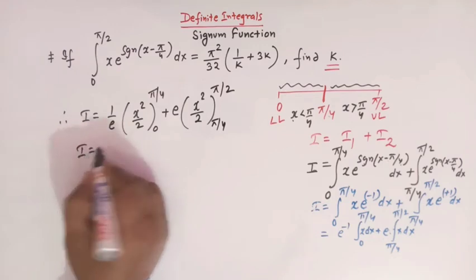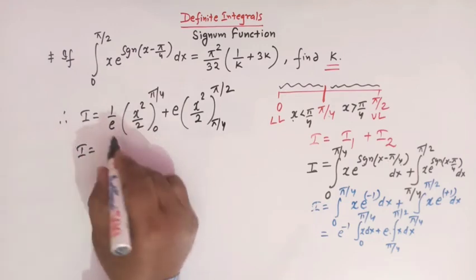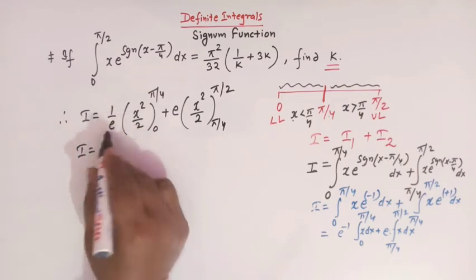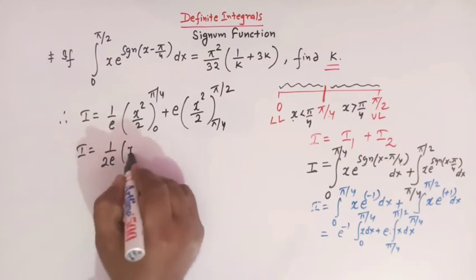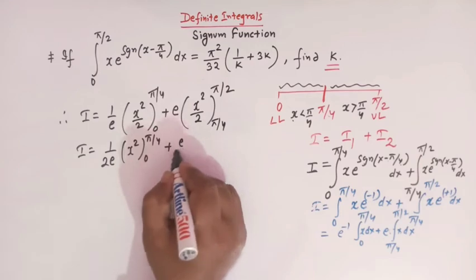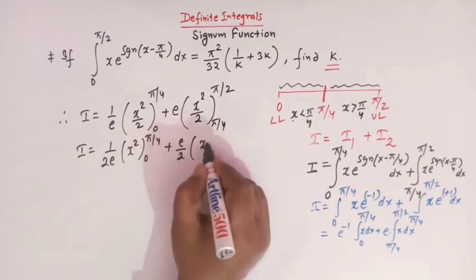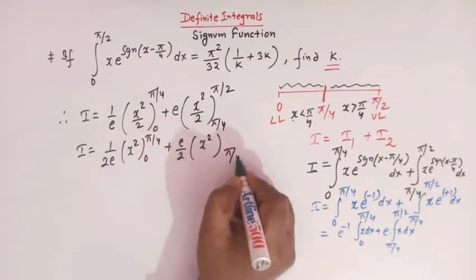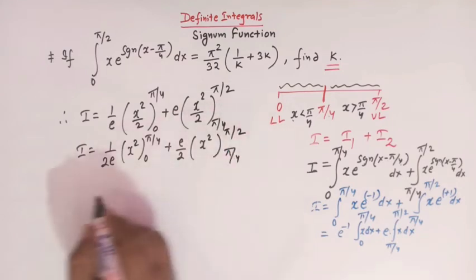And we can further simplify it. We can take 2 outside, so we have 1/(2e) times x² from 0 to π/4, and here e/2 times x² from π/4 to π/2, right?